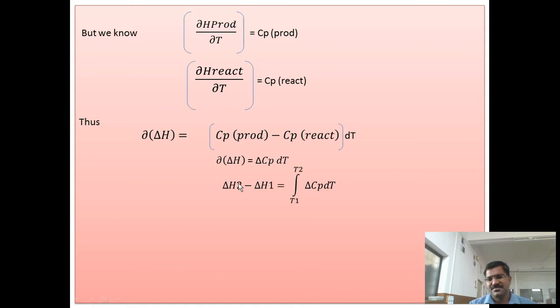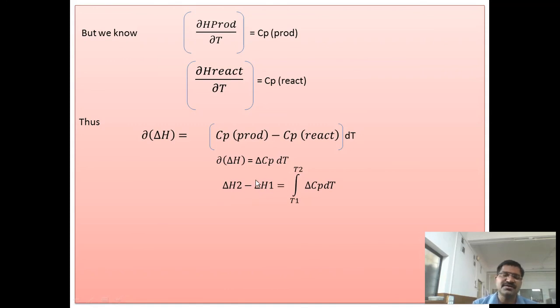Further, the change in enthalpy in a chemical reaction is denoted by delta H2 minus delta H1. Delta H2 means enthalpy change at T2 Kelvin, and delta H1 means enthalpy change at T1 Kelvin.